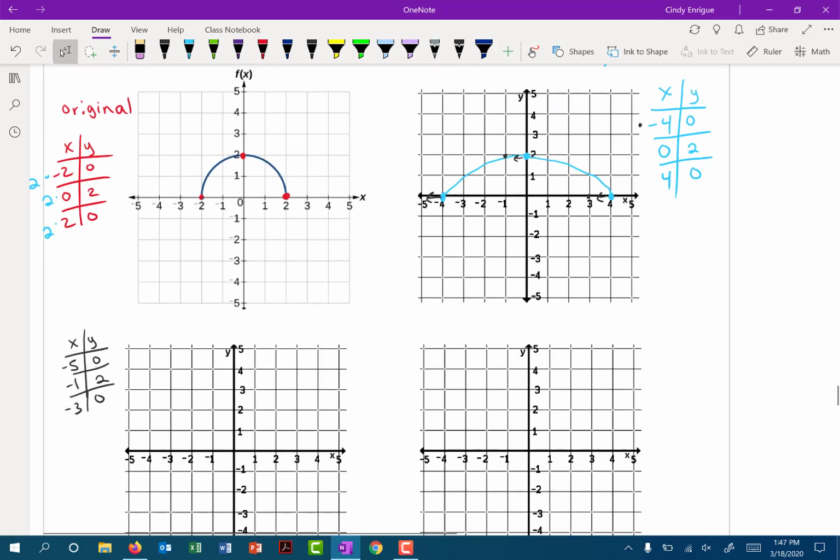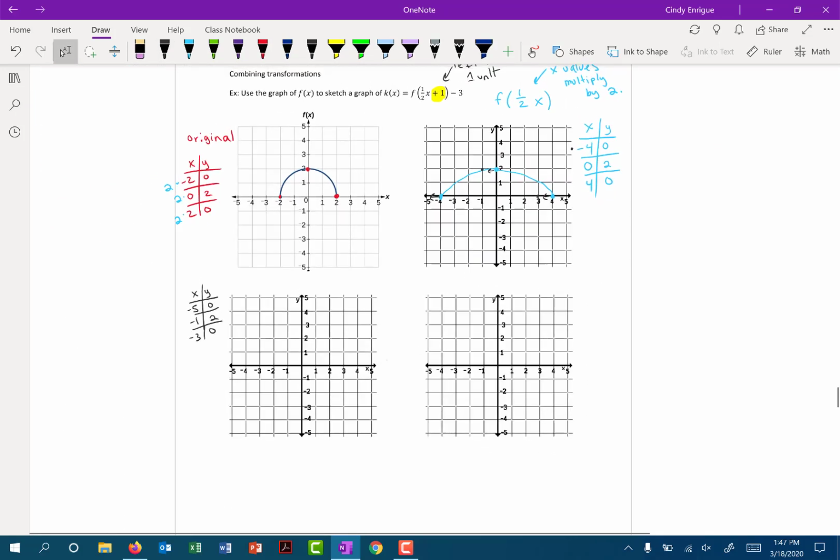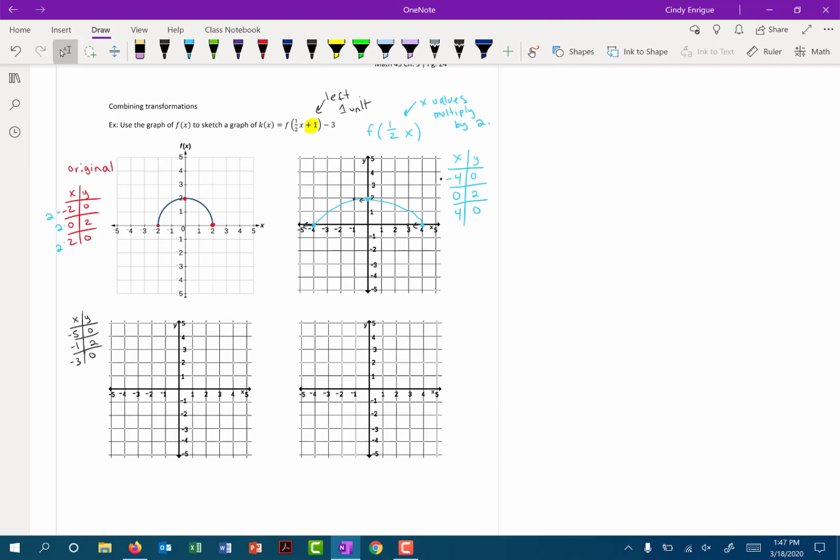So now I have -5, 0, -1, 2, and, that should have been a +3, there we go, +3, 0. So now I can see that everything got shifted to the left 1 unit. Okay.